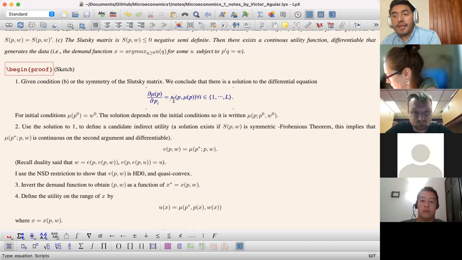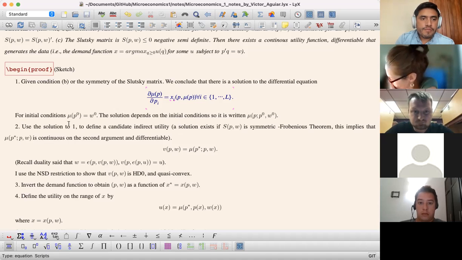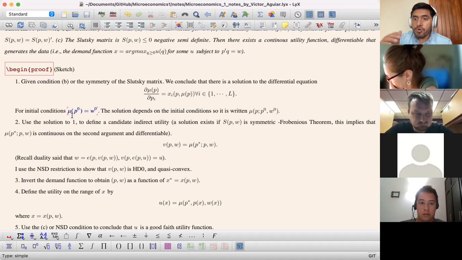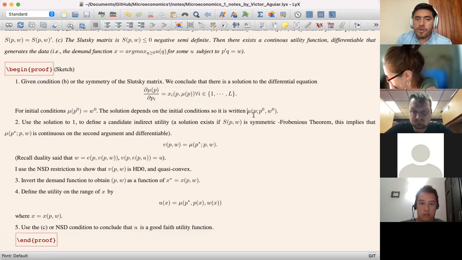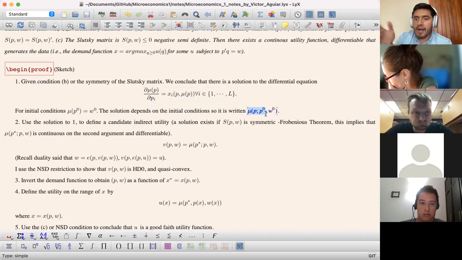Now, remember that income is changing. So how do I relate with income? Well, I have to know that if I evaluate this function mu at the price naught, so any fixed price I choose, then it will give me back the original income level, W naught, right? And these are the initial conditions, okay? Then remember, I can then flip the solution to this thing and then use the initial conditions as the variables, right?